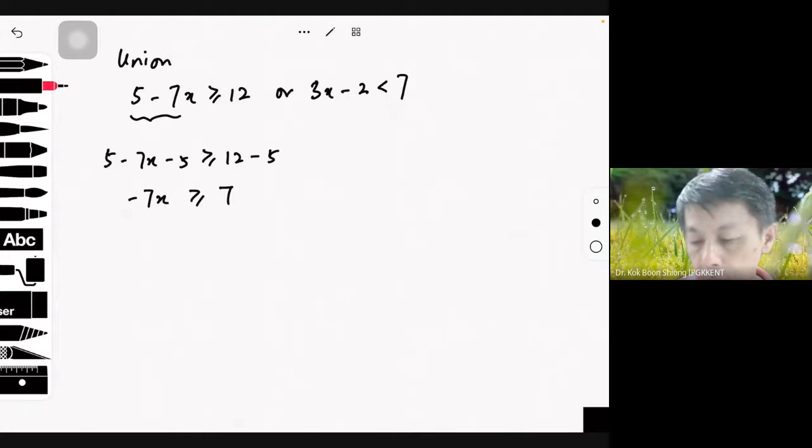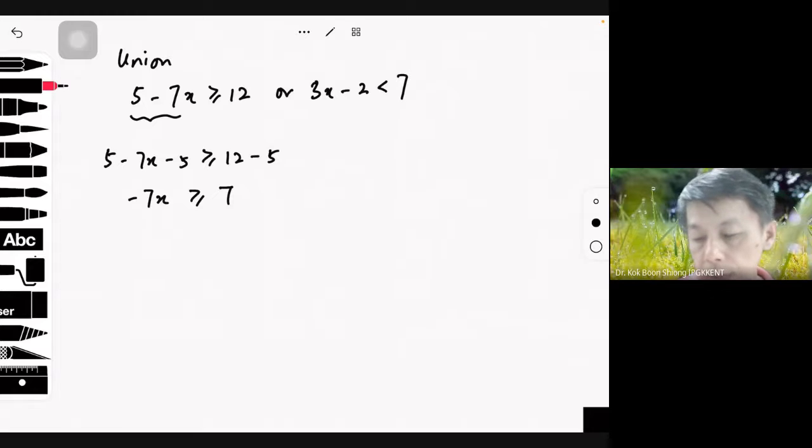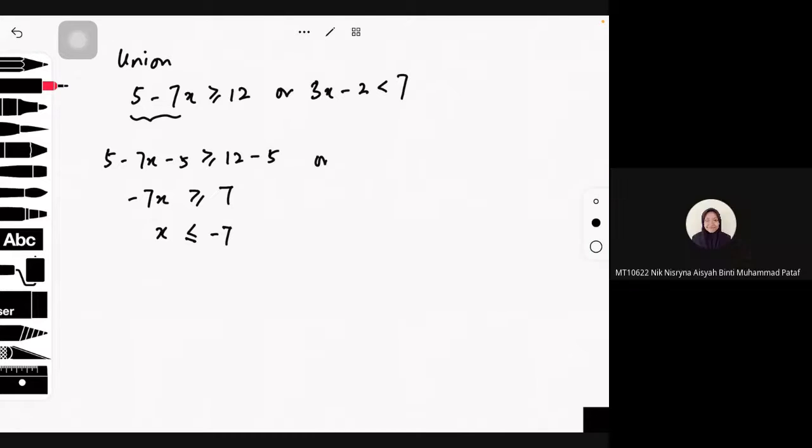And when we divide by negative 7, we must change the sign. So don't forget to reverse the sign. So this becomes smaller or equals to negative 1.